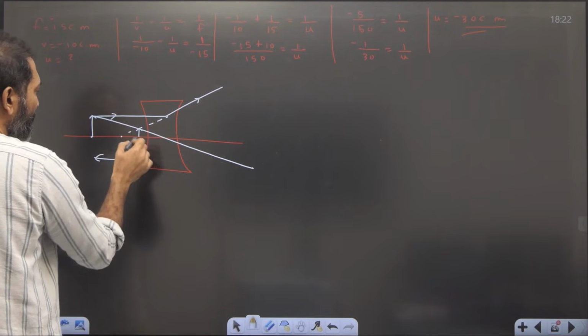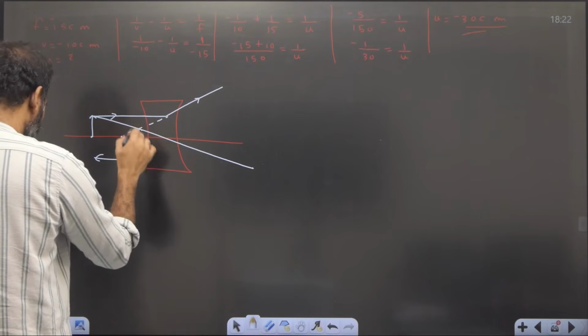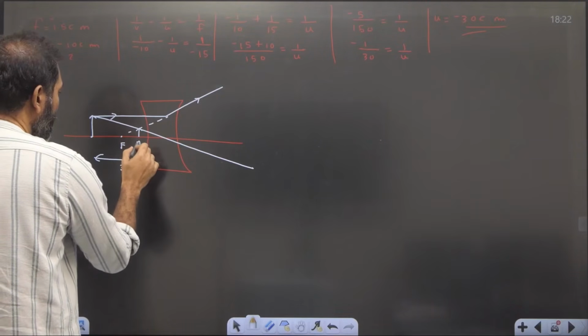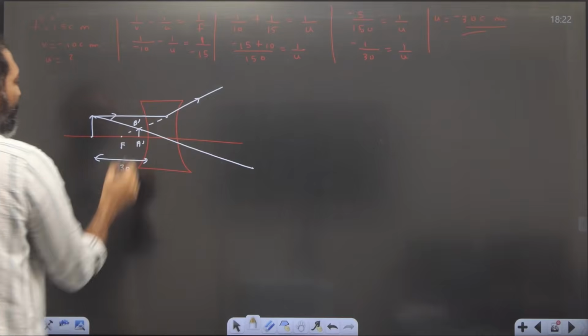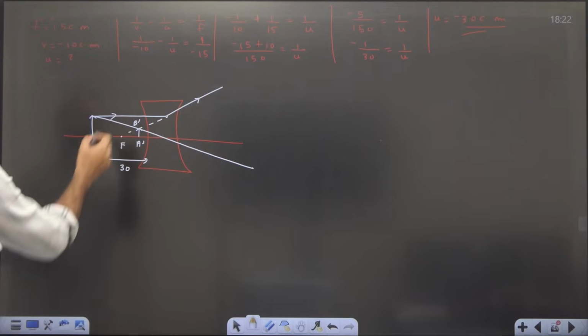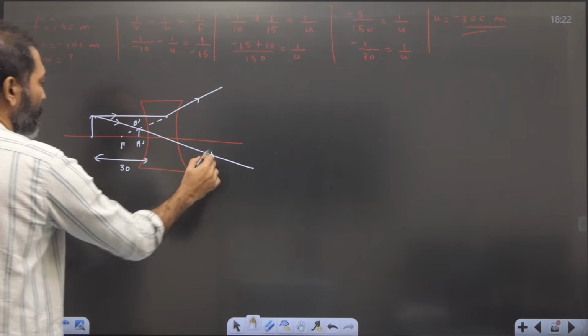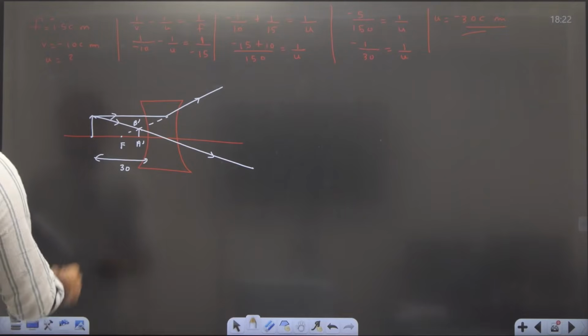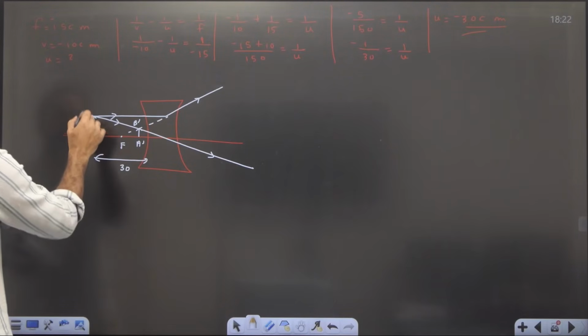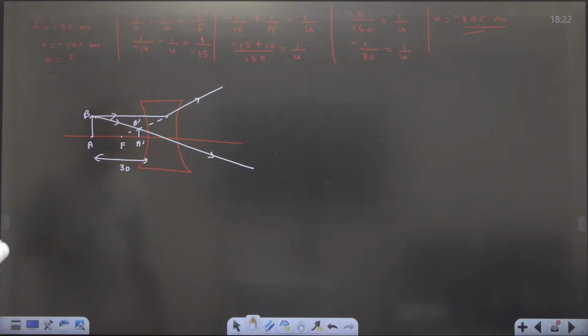So here you can expect what image? The image is A dash, B dash. The object is AB. The image is A dash, B dash.